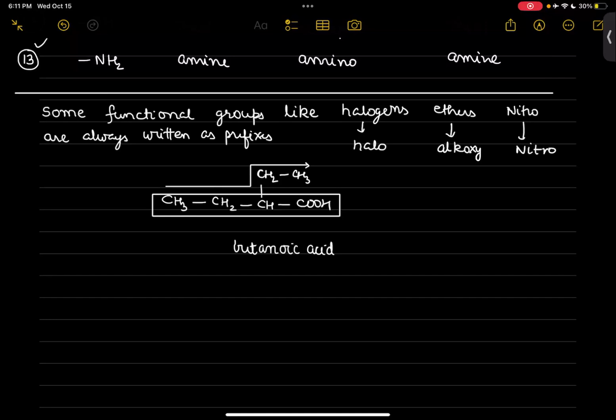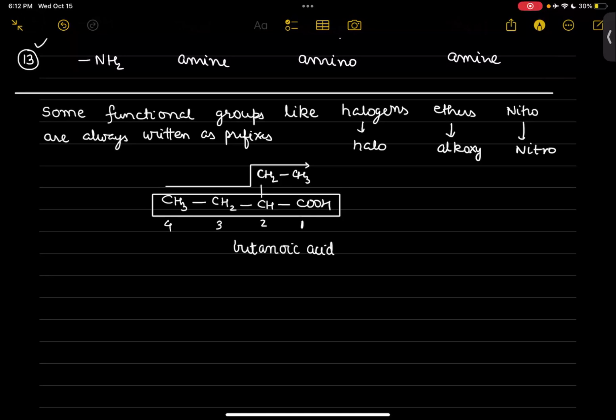From the right side. Who should get the lowest number? The substituent? Not the substituent; the substituent comes later. We are doing the nomenclature of compounds containing a functional group. Got it? Maybe left to right. Yes. So we should give the lowest number to the carbon atom bearing the functional group.